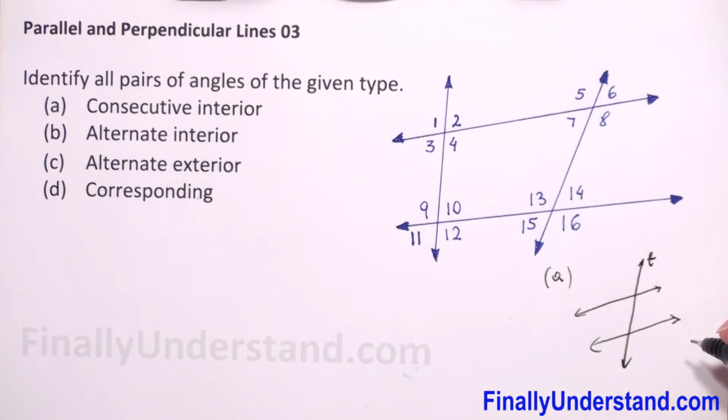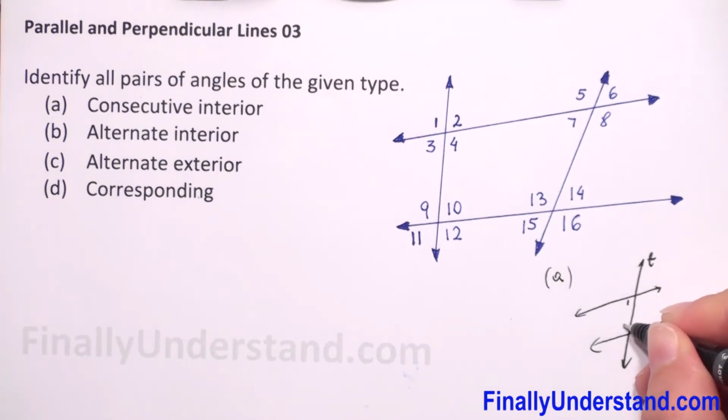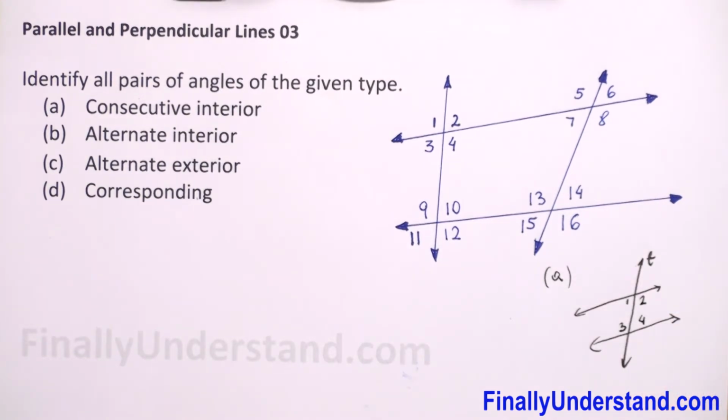So the consecutive interior angles are angles which lie between these two lines and on the same side of the transversal. So for example, if we have here angle 1, 2, 3, 4, the consecutive interior angles are 1 and 3 and 2 and 4, between these two lines and on the same side of our transversal.